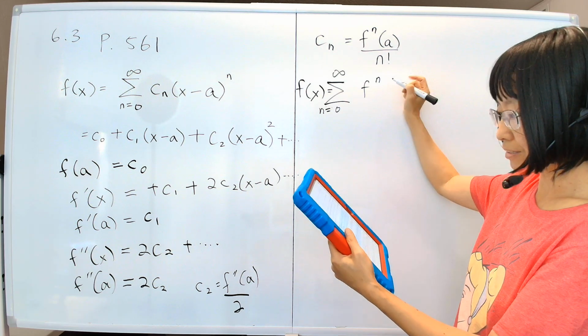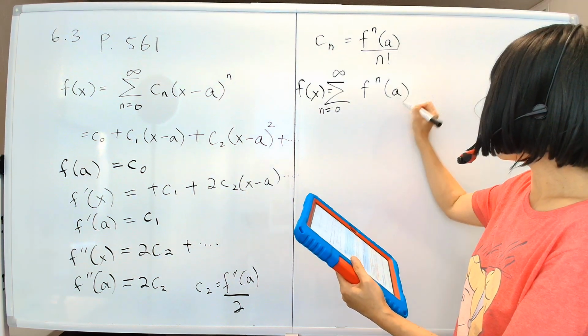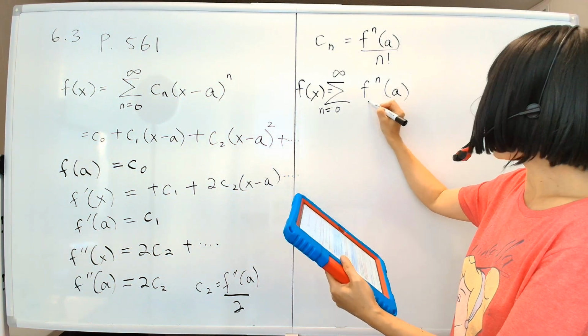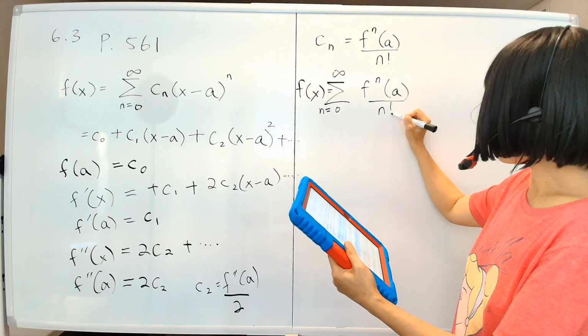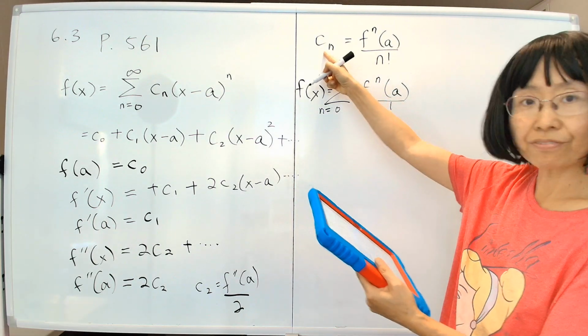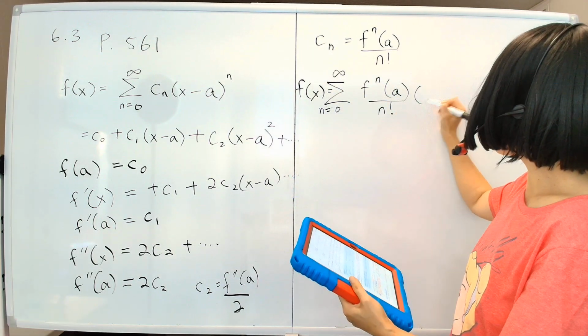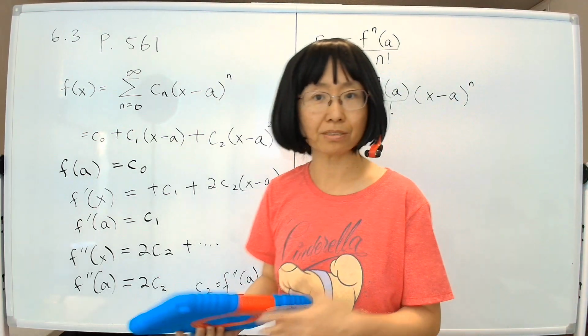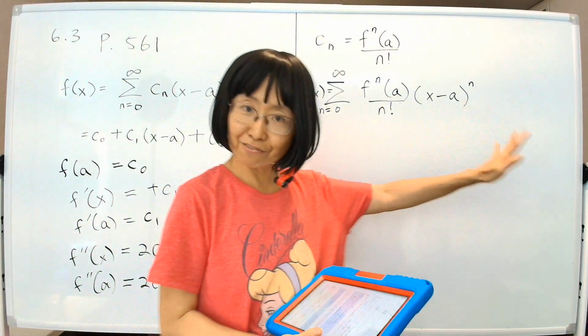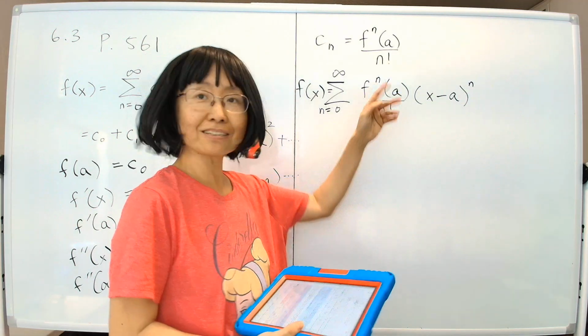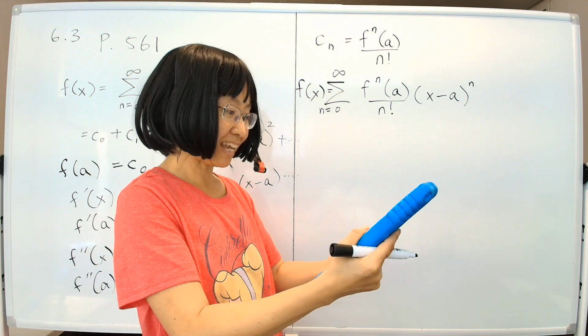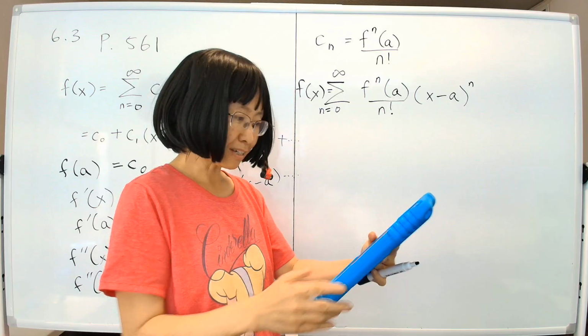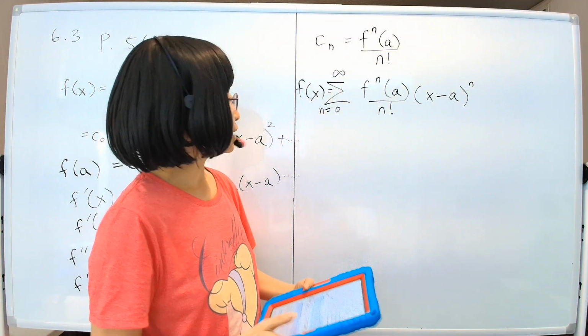Remember what this is: that's the nth derivative at a, where a is where you're expanding, divided by n factorial, which equals the coefficient Cn. And then you just multiply by x minus a to the power n, where n goes from 0, 1, 2, and forever, for as long as you have the patience to calculate the nth derivative, which is not going to be an easy matter, but it's doable.